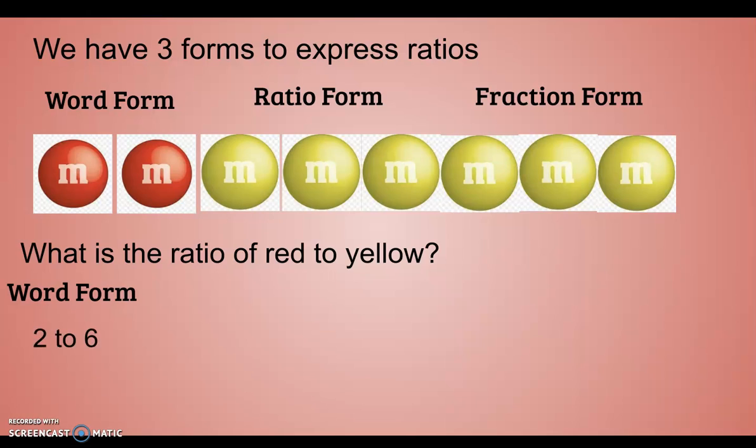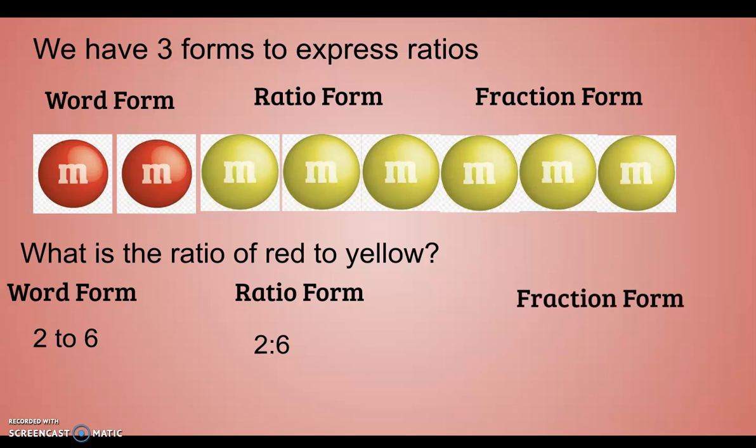That means you have 2 red M&Ms, and then you have the word to, then 6. You could also do this through ratio form, and it's going to look very similar. The only difference is that instead of using the word to, you're using colons. So you have 2 colon 6.